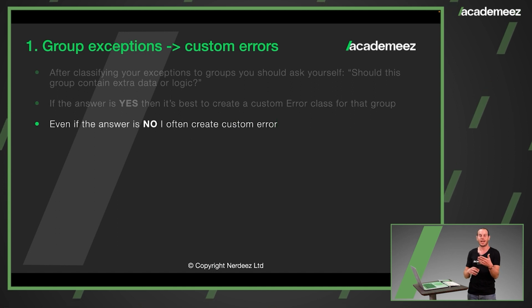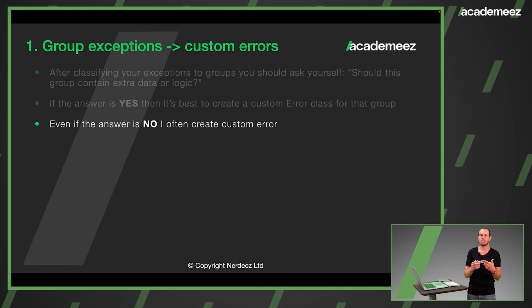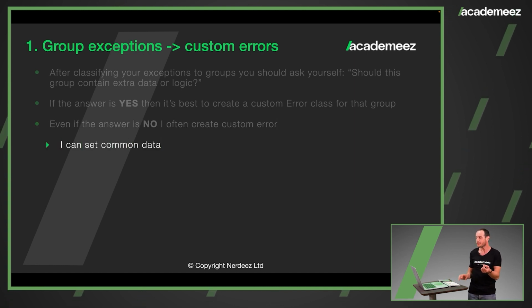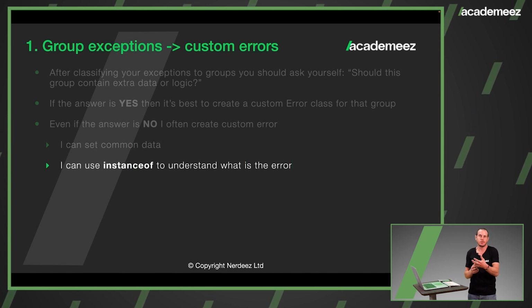I often create every element in my group of errors even if it doesn't have additional data, because it might have a common exception code, common data, common functionality, and I can also use instanceof if I want to compare that exception in my express error middleware.